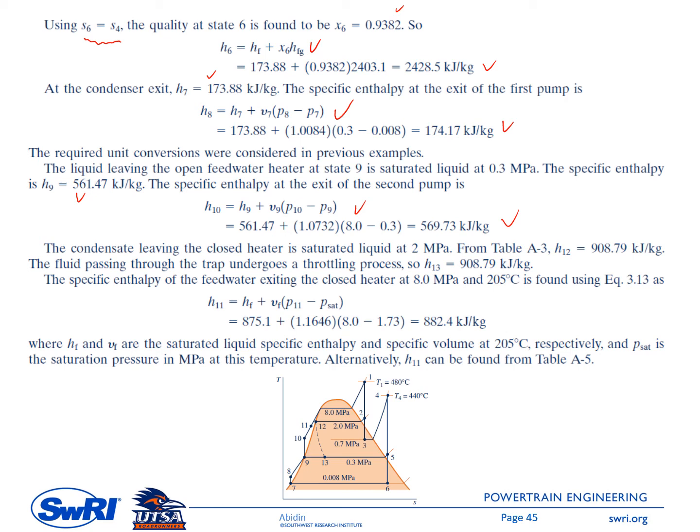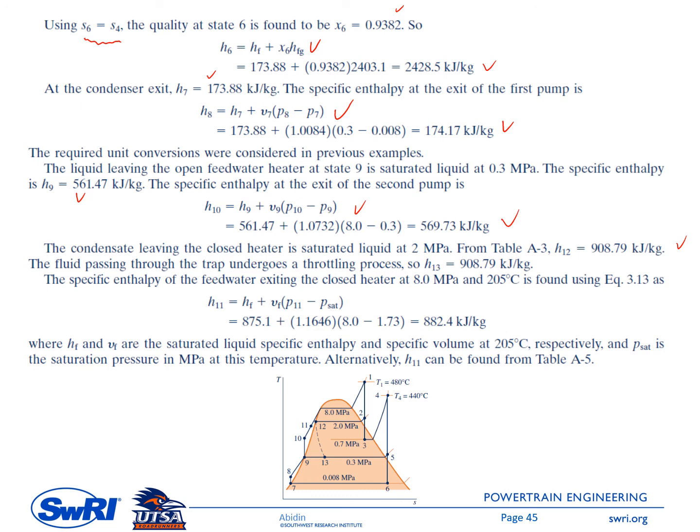And then going to state, okay, we are at state number 10. And then another piece of information here is state number 12. State number 12 here is saturated liquid at 20 bar. So you need to use table A3. You will get H12 is 908.79 kilojoule per kilogram.